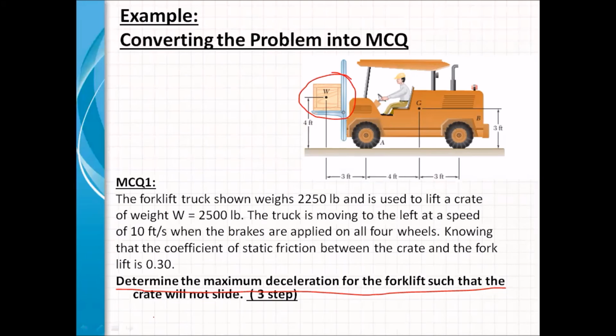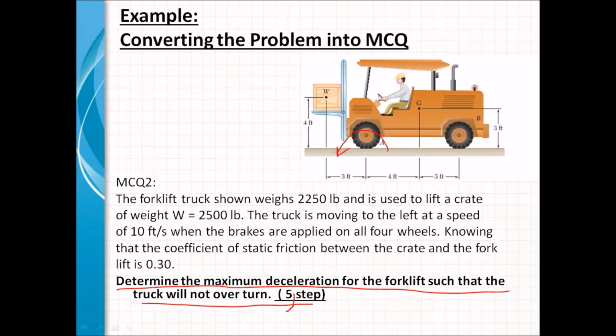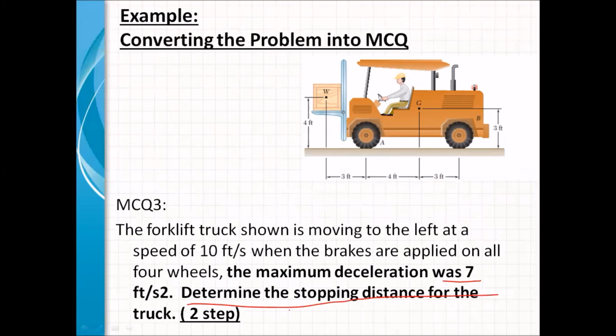For example, for this part I will put 3 marks. Here, I will put 5 marks, at least to account for the time. Here will be 2 steps, that means 2 marks. Okay, so that's how we divide.